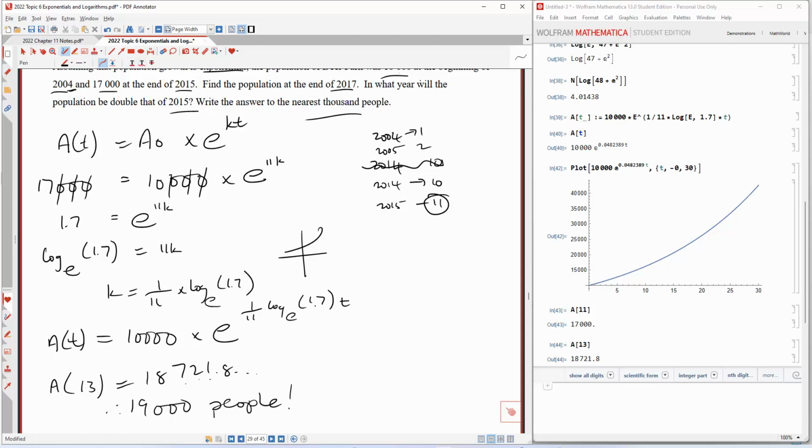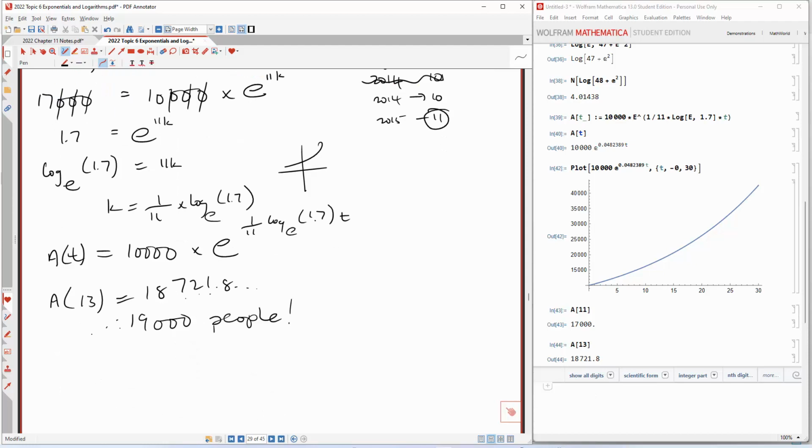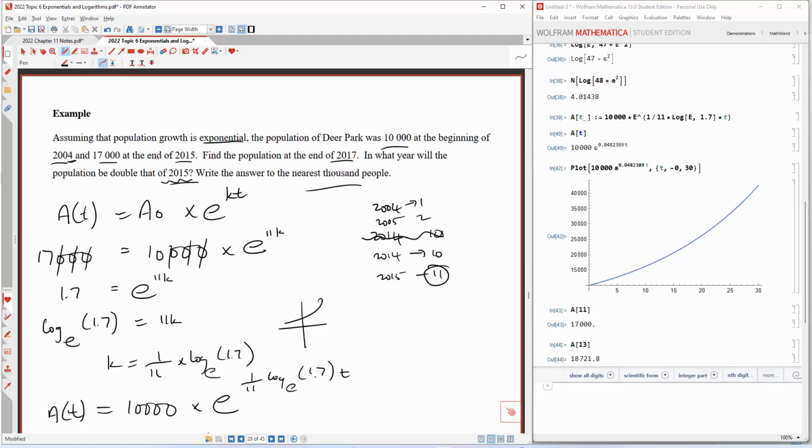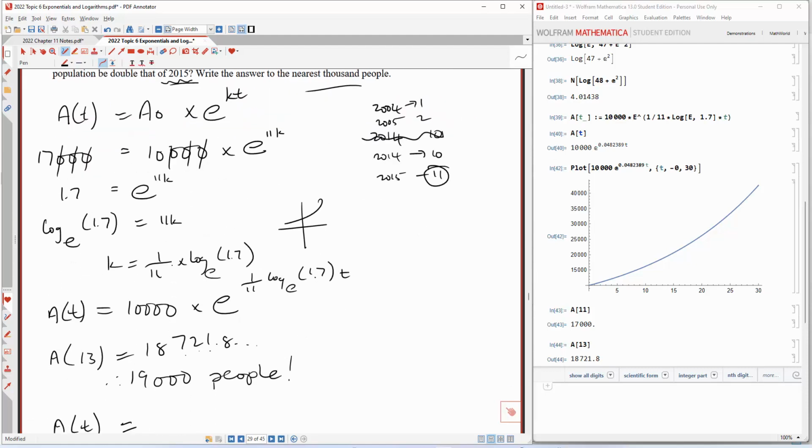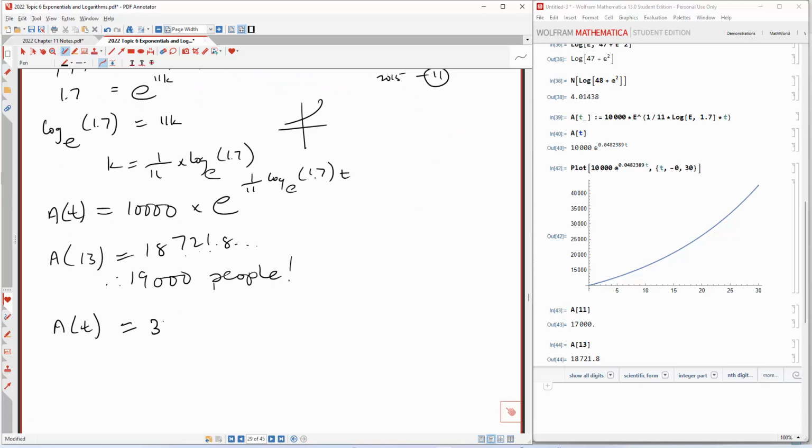Now, in what year will the population be double that of 2015? This is not going to be to the nearest 1,000 people, it's in what year. So A of t equals double that of 2015. 2015 is 17,000, so we want 2 lots of 17,000, which is 34,000.